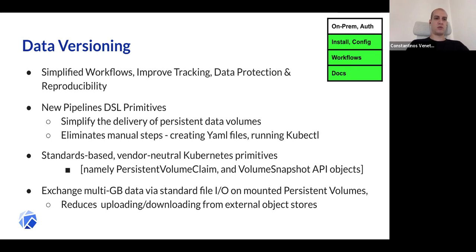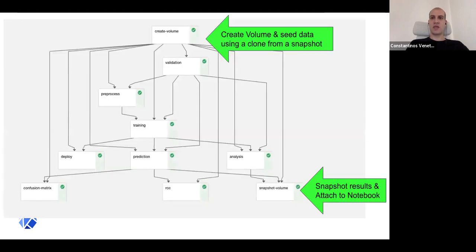So as you can see in the example in the next slide, here is the official TFX taxi cab example, where we have augmented it with the new functionality that allows us to start the pipeline by cloning a volume from an immutable snapshot, from an immutable PVC, and feed that PVC to all other steps.